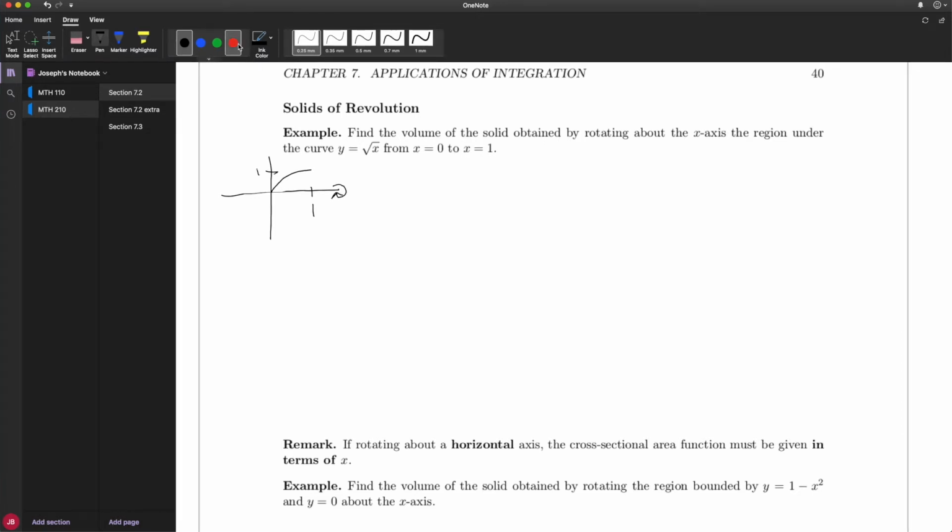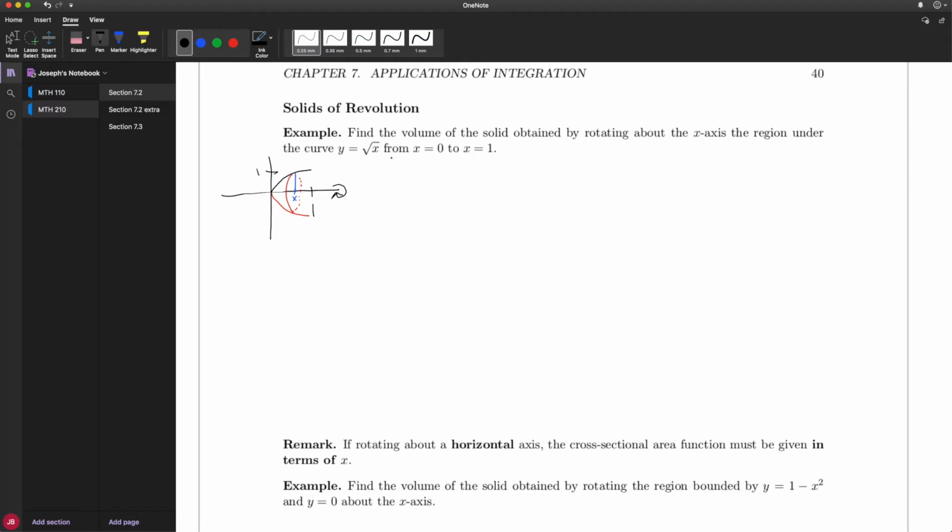So switching colors, let's say to red. Then we'll rotate it to get the cross-sectional area. And first thing we need to find is what's known as the cross-sectional area. So let's pick any x value in 0 to 1. We need to know that length, okay?